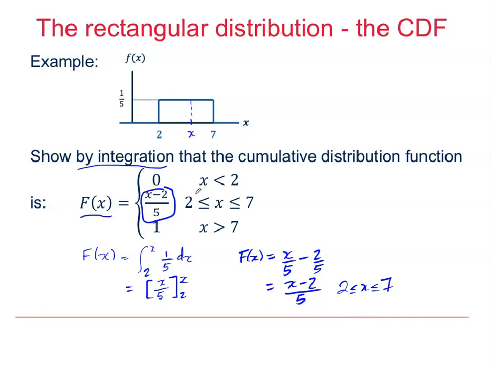Now the PDF for x less than 2 is 0, so therefore the cumulative probability is going to be 0 here, and all of the probability lies up to the value 7, so therefore for any value greater than 7, F of x is going to be 1.